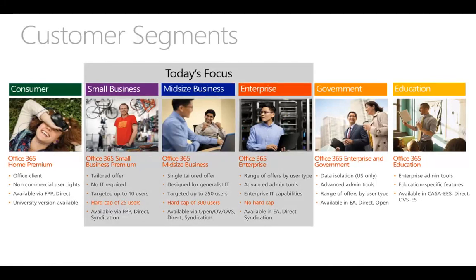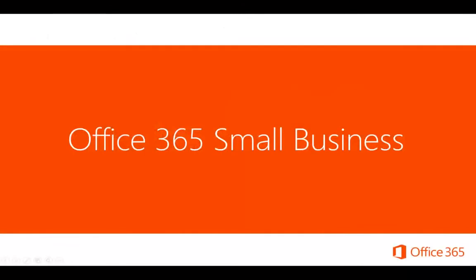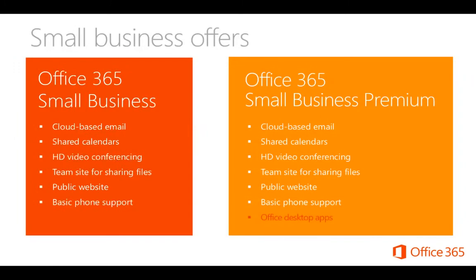Today in particular, we will talk about the three in the middle, which is mostly where our partners will be selling licenses. For small businesses, we offer two Office 365 plans. Both of them are very similar in that they both have cloud-based email, a 25 gigabyte mailbox.